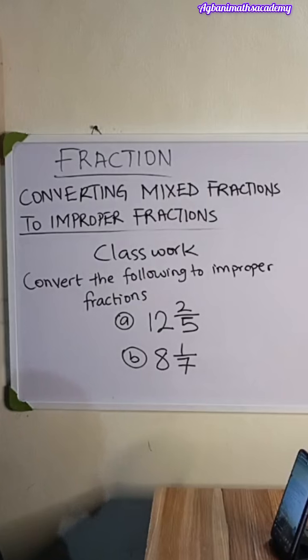Okay, for the first one, you have 62 over 5. Okay, good. A is 62 over 5.